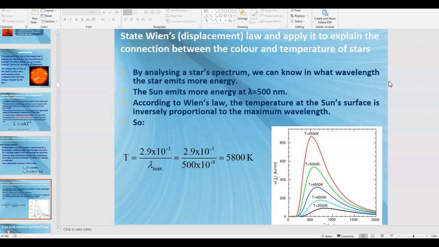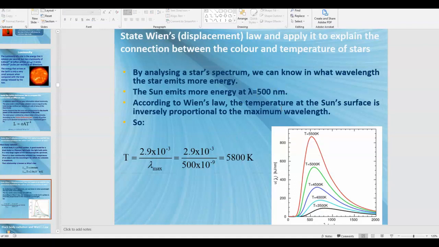And if we can directly measure that, then we can also go back and use Wien's law to find the temperature of that object. So for example, when we look at the spectrum of the light coming from our sun, we notice that the sun emits energy with a peak wavelength of about 500 nanometers.